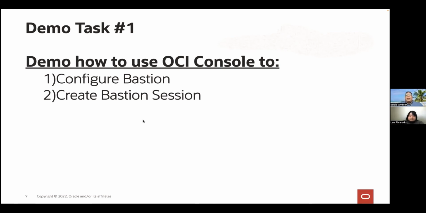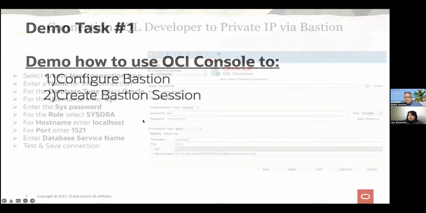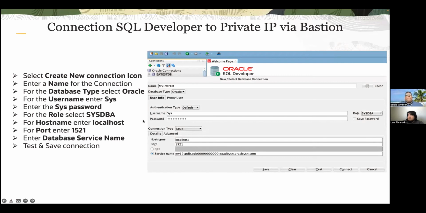And we fired up our SQL Developer. We were able to input the information and connect, at which point you could use it just as if the database were directly on premise with you. So nothing different about how you use your tool. So there you go, nice and easy.